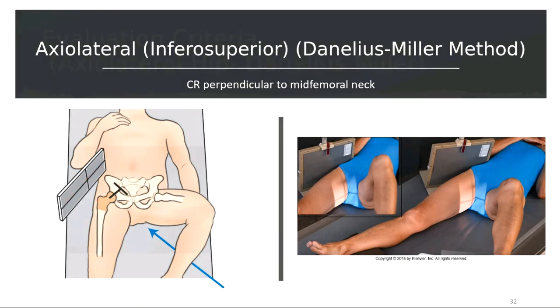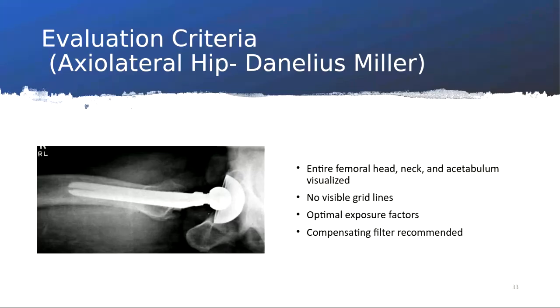And when we get the image, and this image has a prosthesis in it, ideally when you do this trauma hip, it might likely not have that unless they have an injury to the prosthetic hip. So if there's a prosthesis, the entire prosthesis has to be captured. All right, and then just a really good image including all of that.